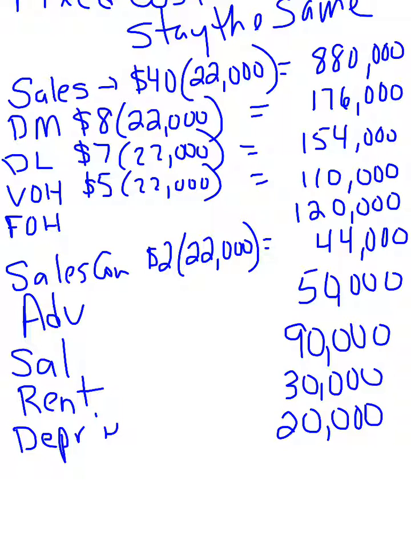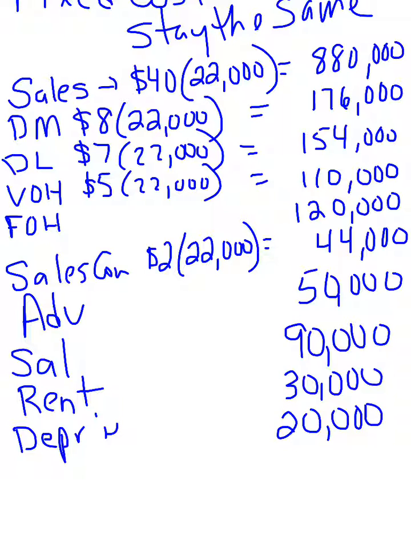So again, to recap: we are going to find what the costs are on a per unit basis. We look at our sales value for the 20,000 units, divide it out, and get our per unit cost.